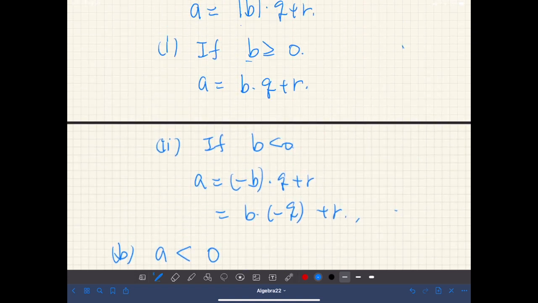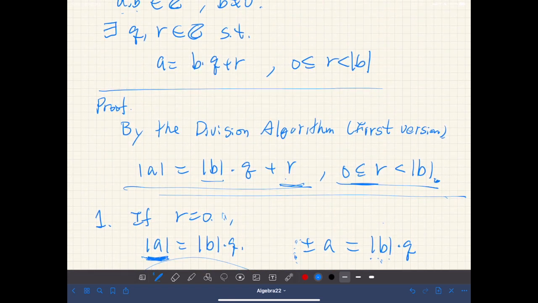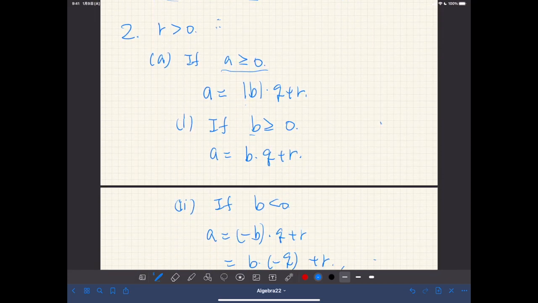We want to make it positive so that this form of equation holds. This remainder part is supposed to be non-negative. So we want to make it non-negative somehow.